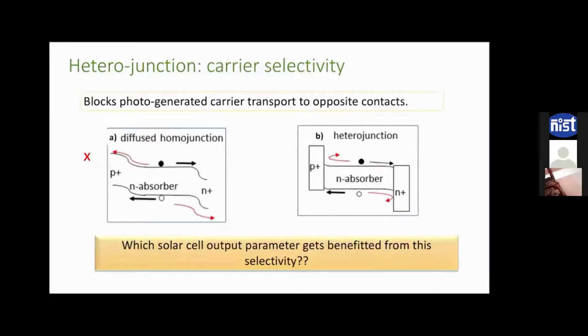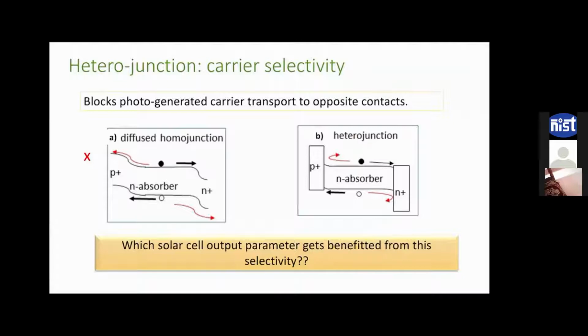Now the obvious question that should come is: which solar cell output parameter actually gets benefited from this kind of selectivity? We have talked about open circuit voltage, we have talked about short circuit current, we have talked about the maximum power point of a solar cell, we have talked about fill factor. What is the electrical parameter that directly gets benefited from this kind of carrier selectivity?